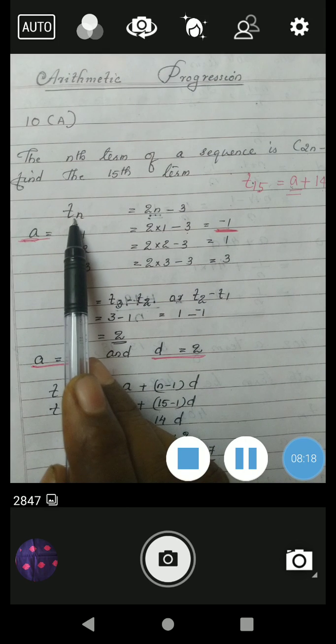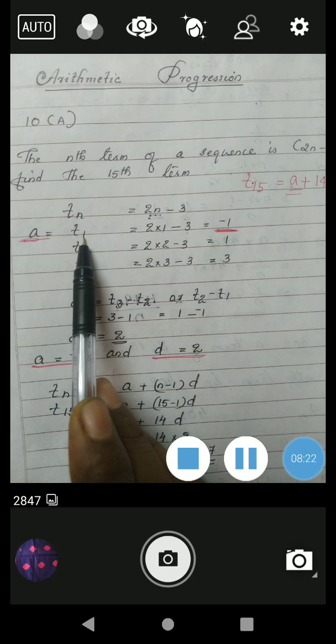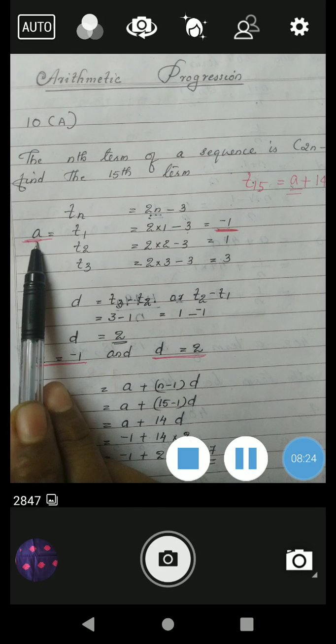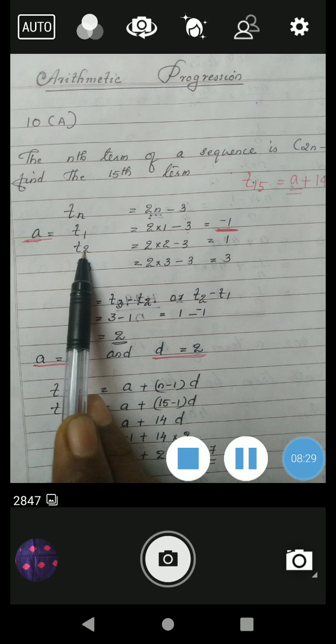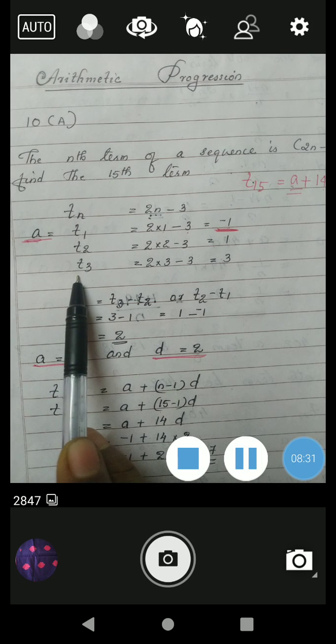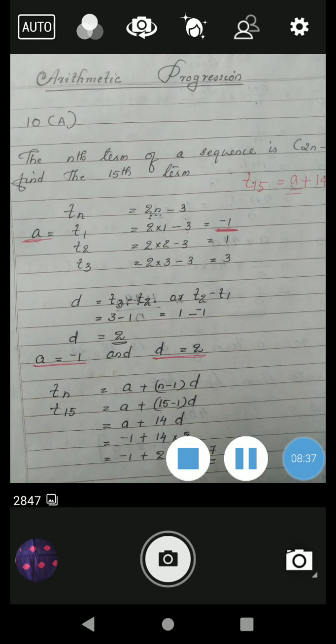If we substitute n is 1, we will get T1. That is A, the first term. So you can find T1 and T2. One more, T3 also you can find. Just substitute n for 1, 2 and 3.